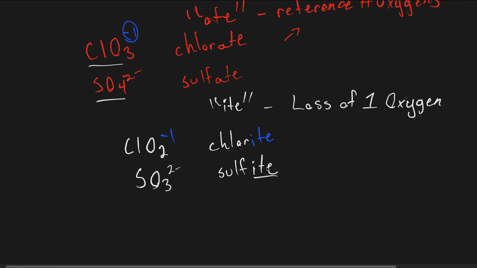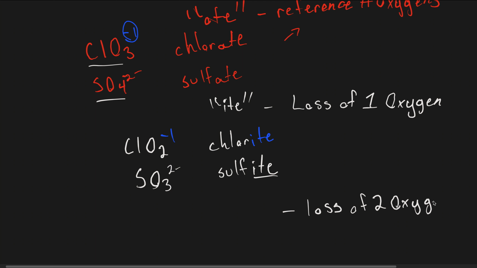Sulfite. Now, let's say it loses another oxygen, a loss of 2 oxygens from its base form.